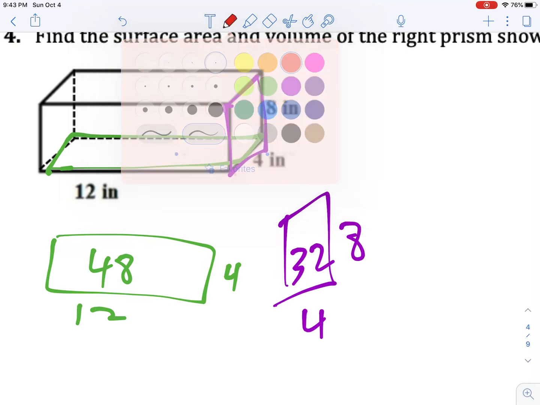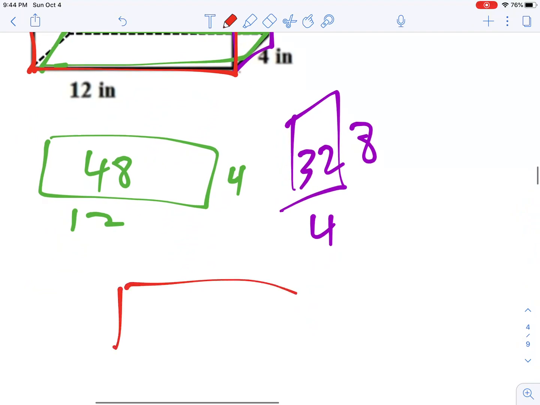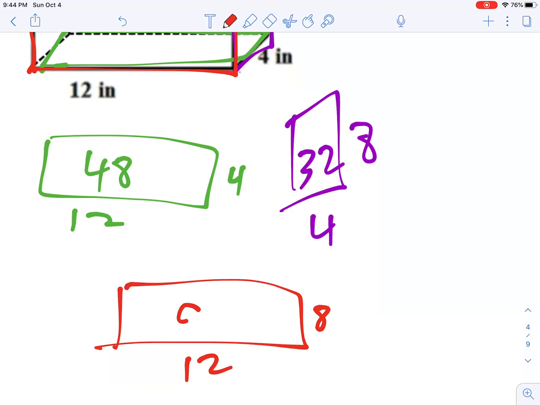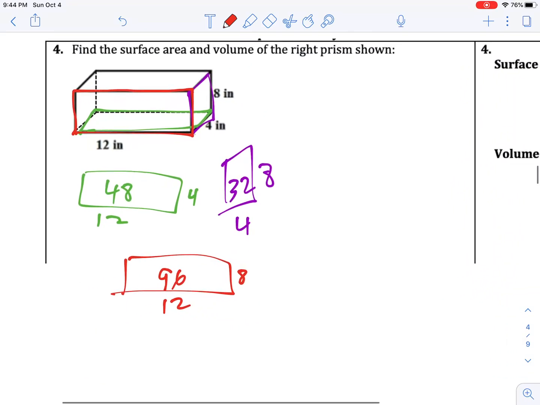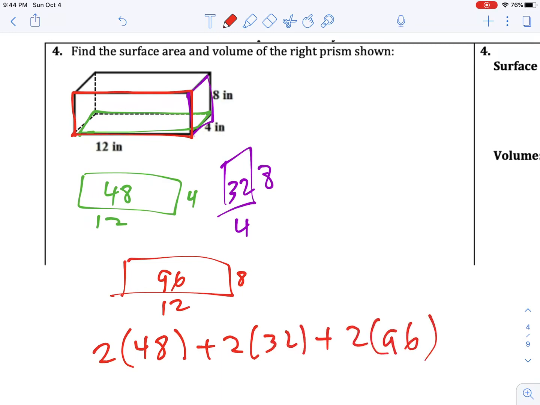And then we have, I'll put it in red, the front rectangle. That's a 12 by 8 rectangle, which is 96. So then my final surface area is going to be 2 times 48 plus 2 times 32 plus 2 times 96.